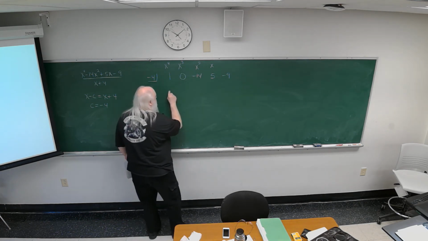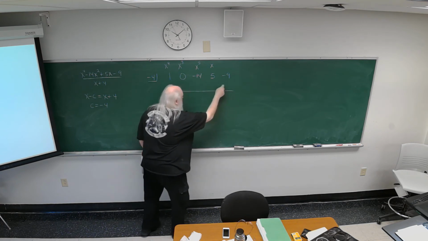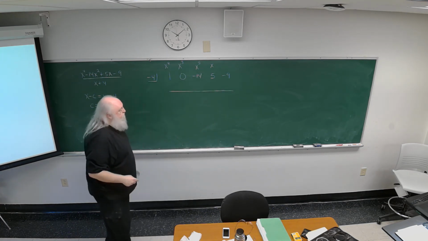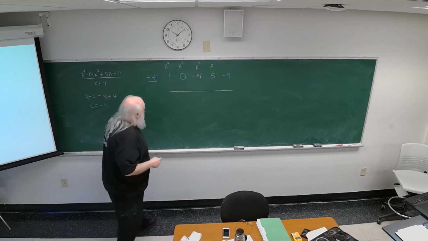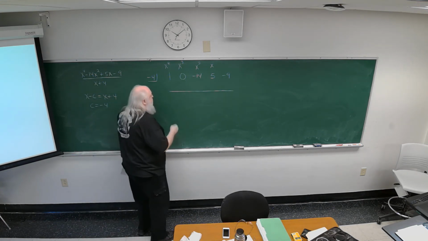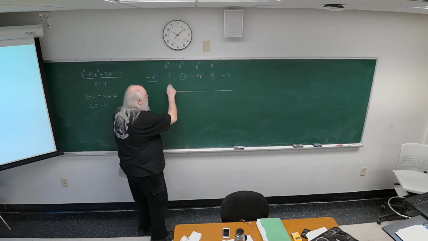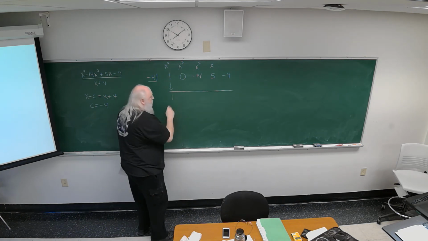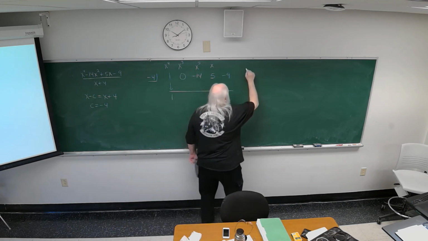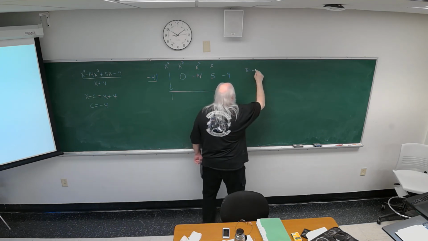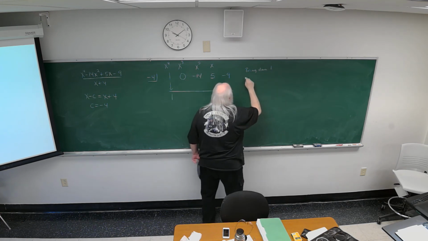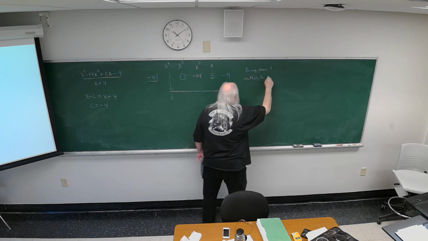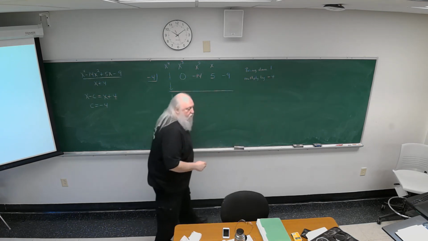You leave a space, an empty row, for numbers. And so this is the algorithm. Step number 1, bring down this number, right? So we bring down the 1. And then we multiply by the value of c, which is -4.